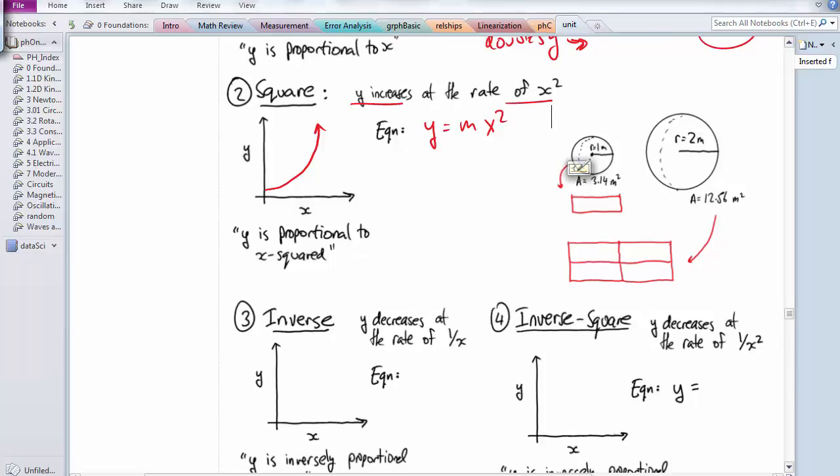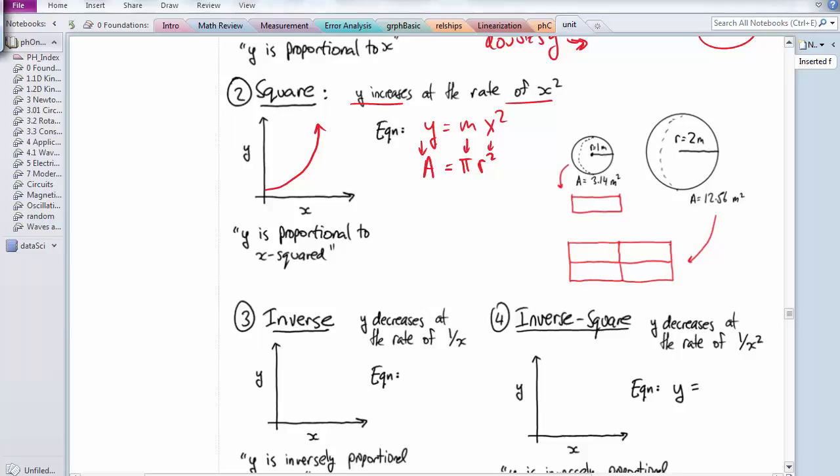An example of this would be the relationship between area and radius. We know that the area of a circle is equal to pi r squared. So this would be x squared as r squared, m is the pi, and the y variable would be A. So that's a mathematical example.